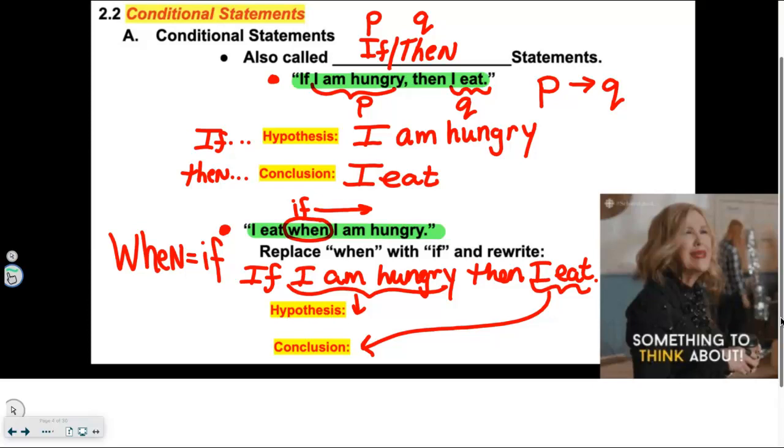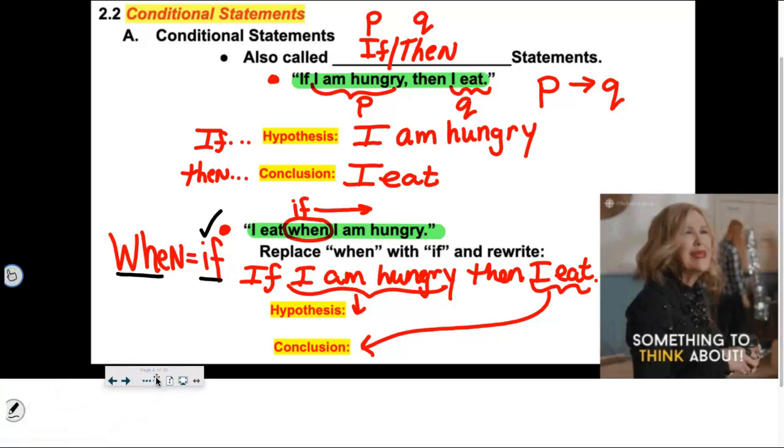So if I were to say, I cry when I am sad, that's the same as me saying, I cry if I am sad. So if-then would be, if I am sad, then I cry. And again, that's it. You need to replace the when with the if, and then you can identify your hypothesis and your conclusions.